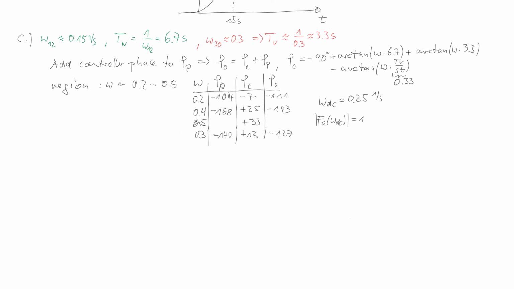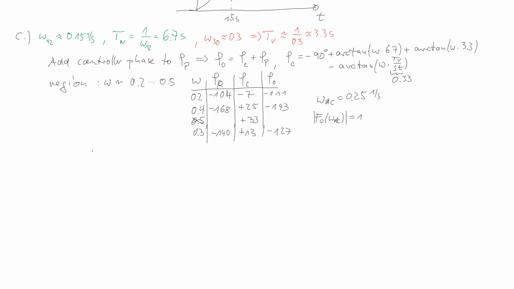So we have to look into our equation. The magnitude of the controller at omega dc, Kc, multiplied with Fp, the process magnitude at this frequency, must be 1.